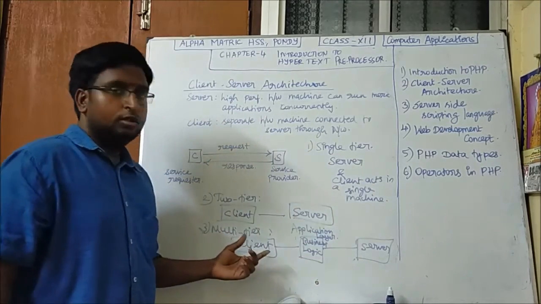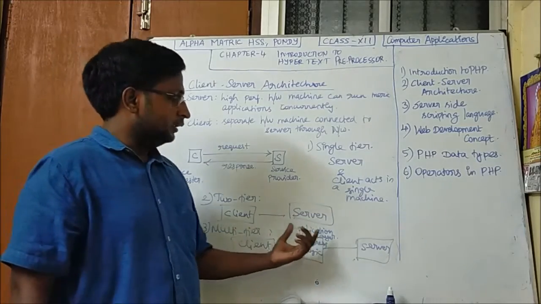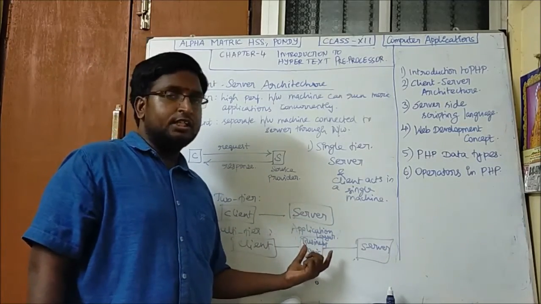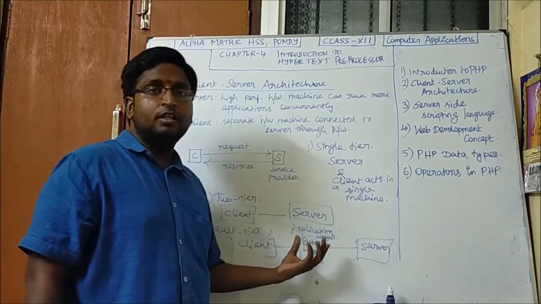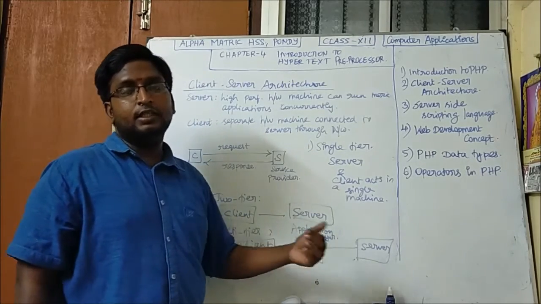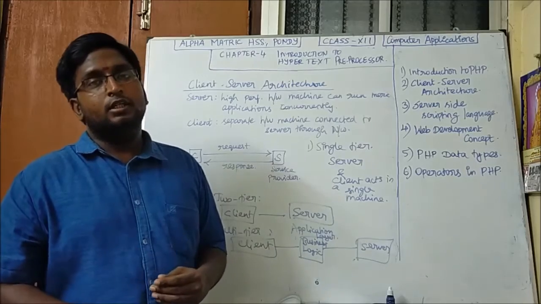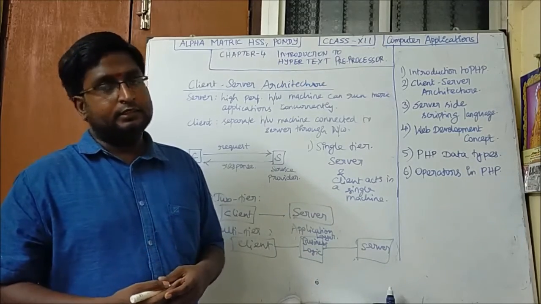The client will send the request through the application layer to the server. Any business logic will occur in between the client and the server. This is about the types of architecture.